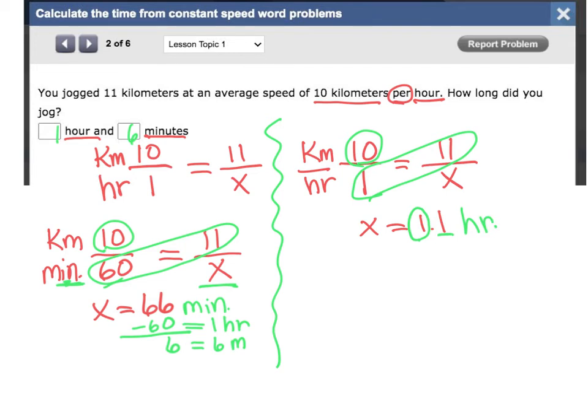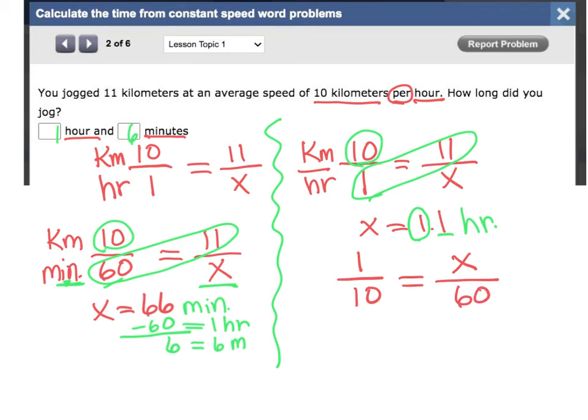So what we have to figure out is, what is 1/10 of an hour? We can logically think, if I took an hour, which is 60 minutes, and broke it up into tenths, 6 minutes would be in a tenth. But the way we can solve that using a proportion is line equals line: 1 out of 10, 1/10 of an hour, is equal to how many minutes out of 60?